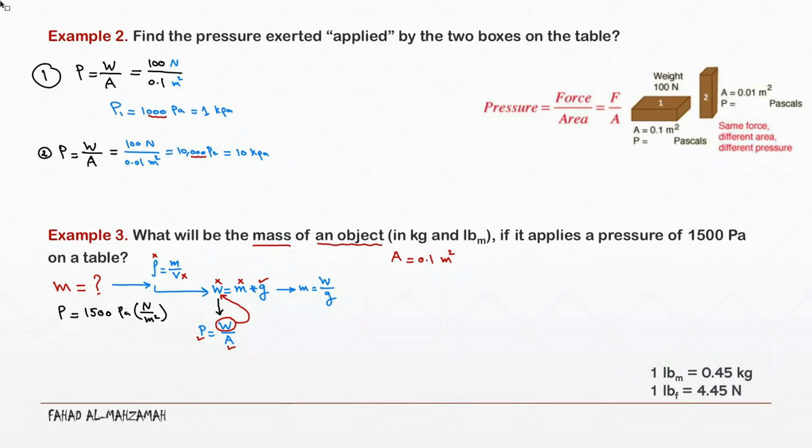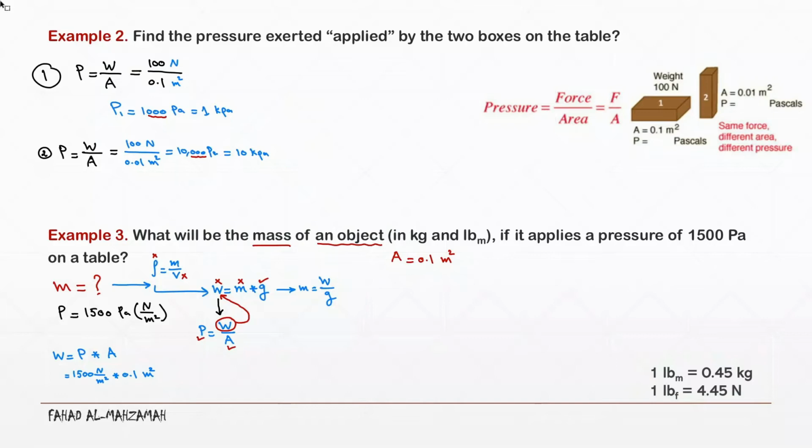Weight is equal to pressure times area, and the pressure is 1500 Pascal, which is a Newton per square meter, times the area, which is 0.1 square meter.